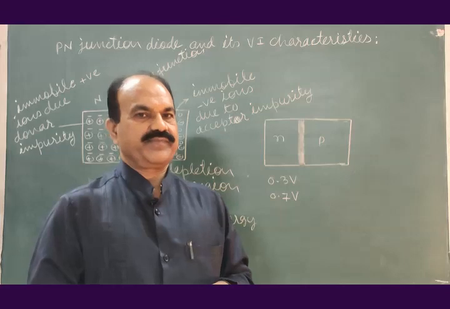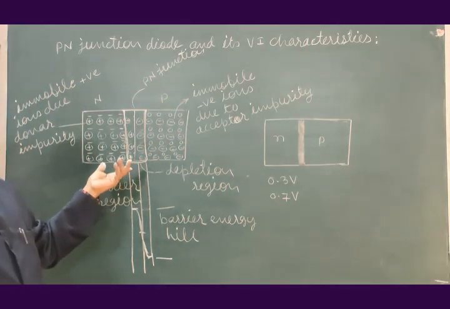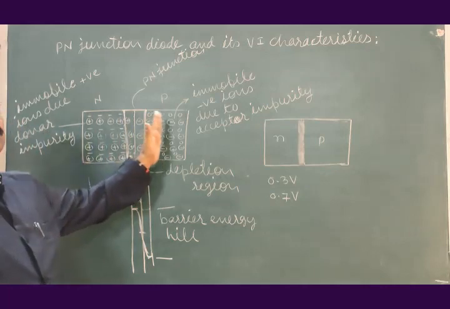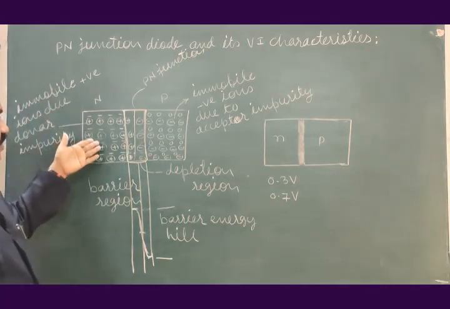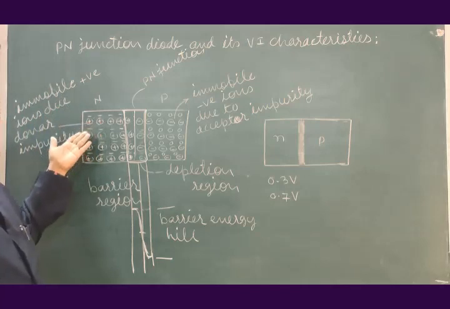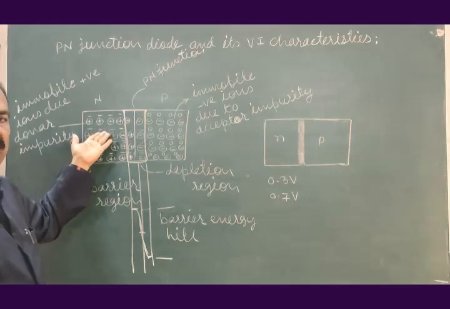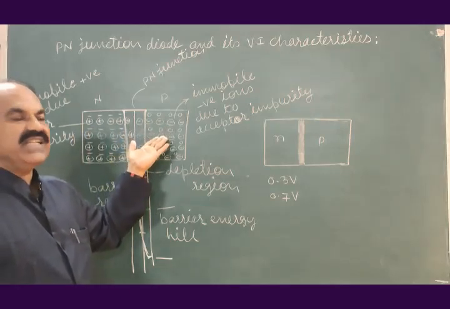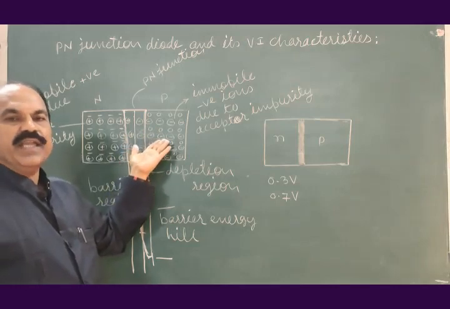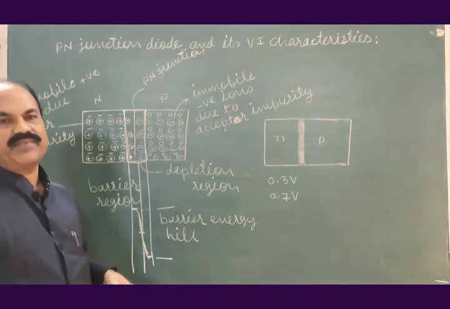Before that, whenever we draw a circuit diagram, we are not going to draw these things. We are not going to show these electrons in n type and the positive immobile ions, or the free holes in p type and the immobile negative ions in p type.